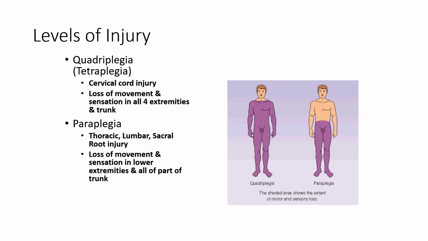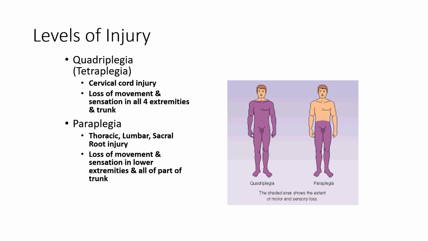And some of you may remember Christopher Reeve, Superman, and his injury was at C4. And that's why in some of his later years he was able to be off the ventilator for short periods of time. But anyone with a C3 or above level injury will be mechanically dependent on the ventilator.